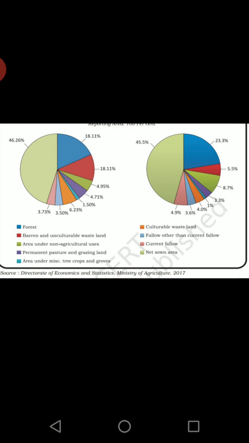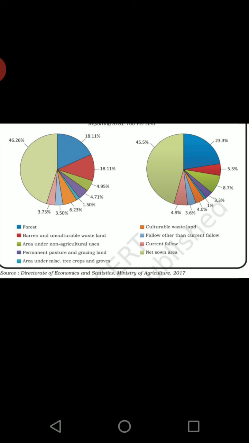The first is the forest cover. The forest cover of India was 18.11 earlier, and in 2015-16 it is 23.3. It is a good thing that we can see the forest cover of India has increased. Now why might it have increased?